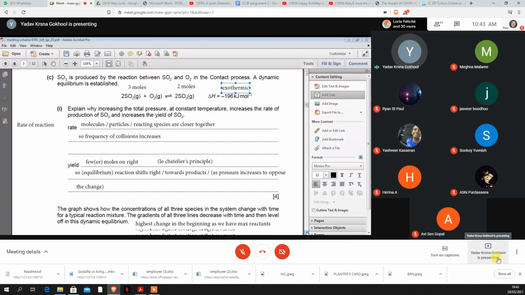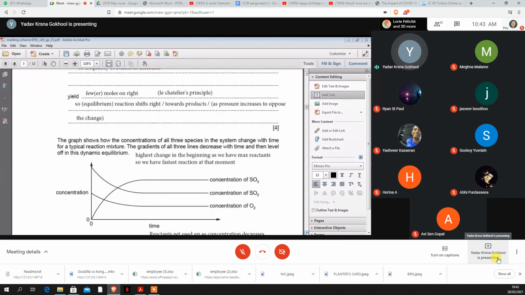Okay, here now a new type of question, but it shows to you that it is not reaching 0.